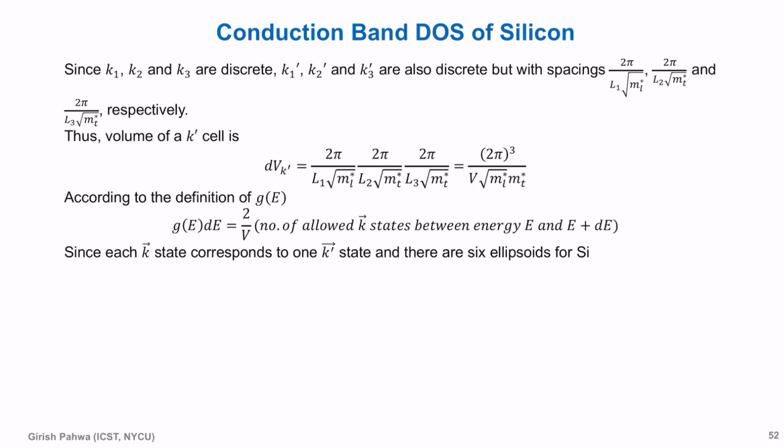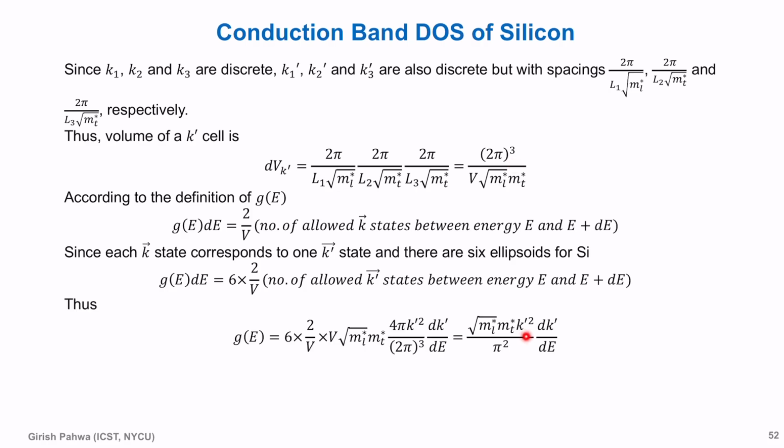So then what will be my g(E)? g(E) will be 6 into 2 by V, times the number of allowed, instead of k I have k' states here, between E and E plus dE. Now what is this number? This number can be calculated by dividing the volume of the k' shell with this volume.